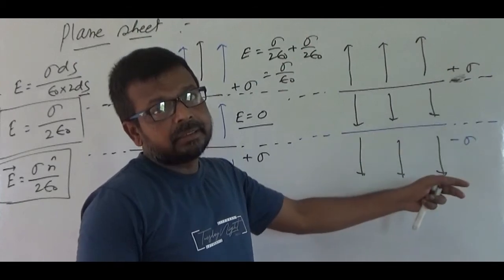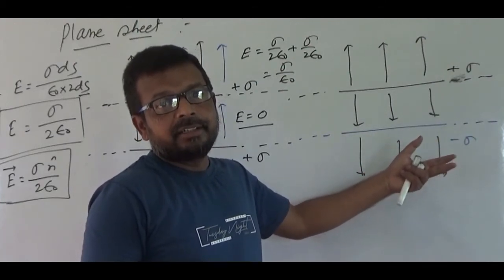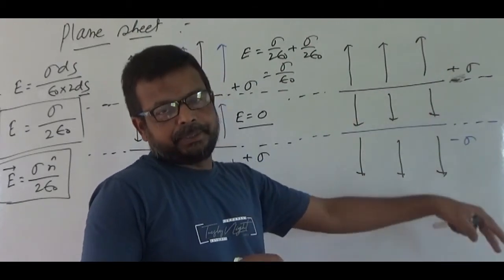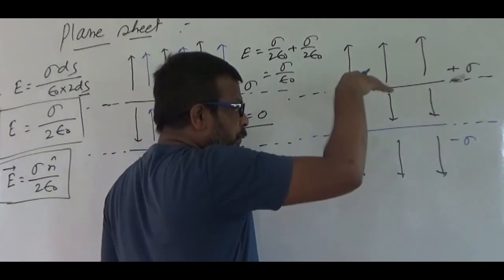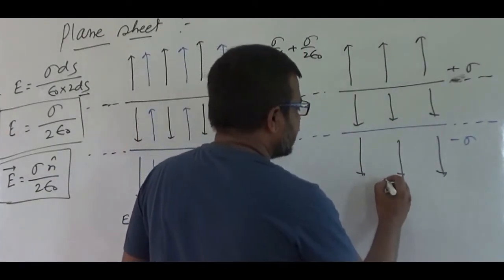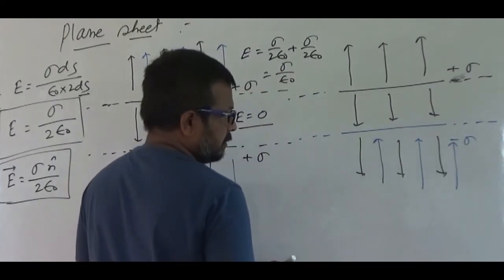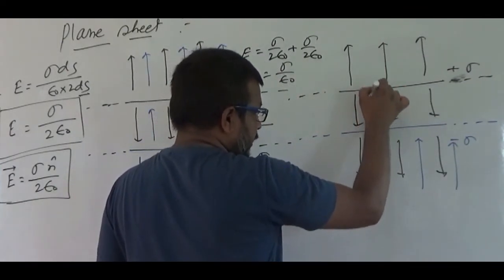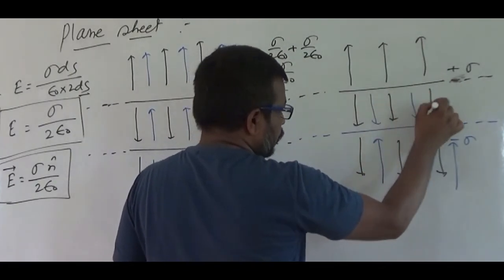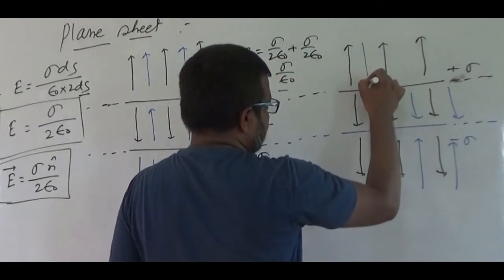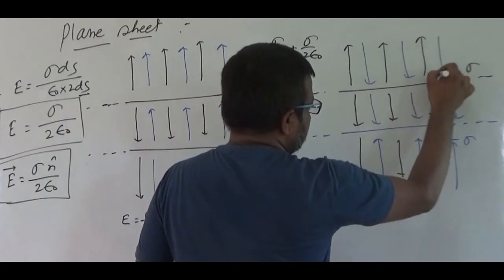Negative charge, then field lines will be towards the surface. That means in this region, field lines will be along this direction, and in this region, the field lines will be towards the surface.